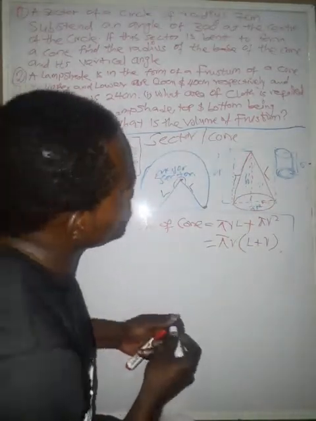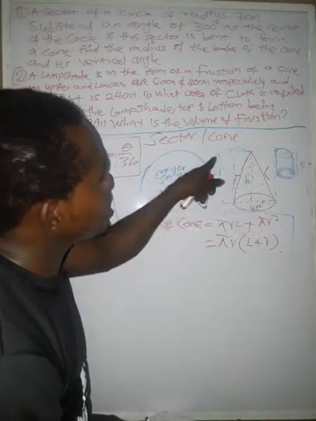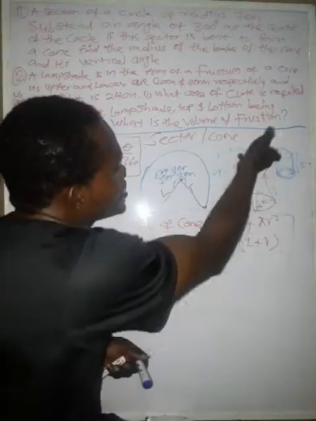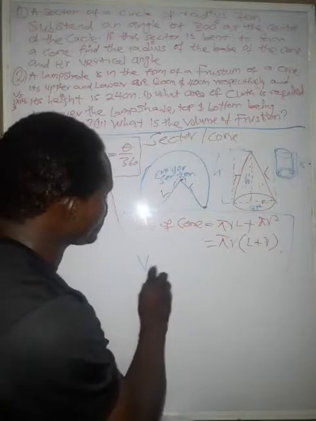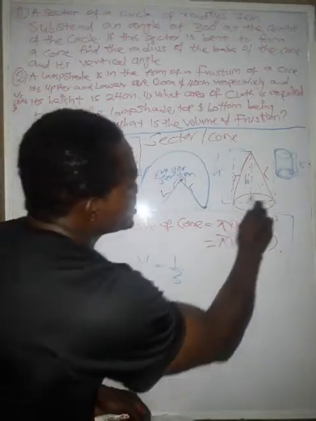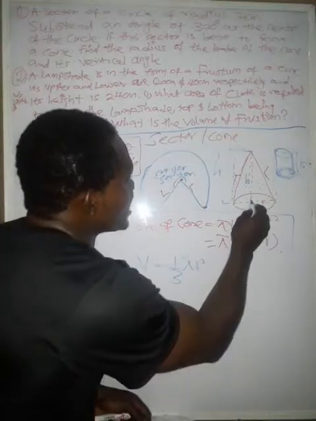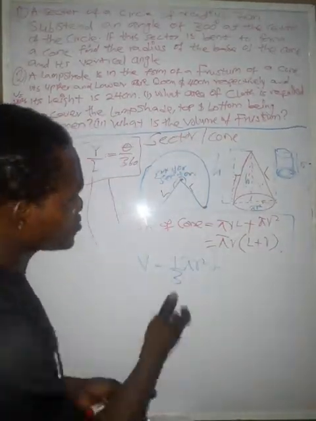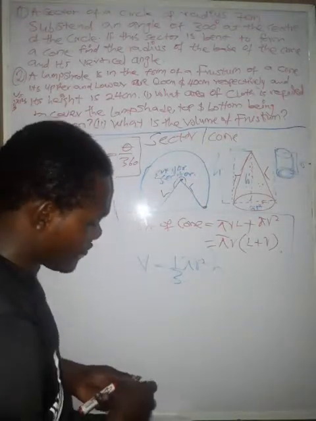The volume would be pi r squared h, but because part of it has been removed, we take one third. So the volume of a cone becomes one third the area of the base, which is pi r squared, times the height h. Just memorize it like this. This is the formula for the volume of a cone.